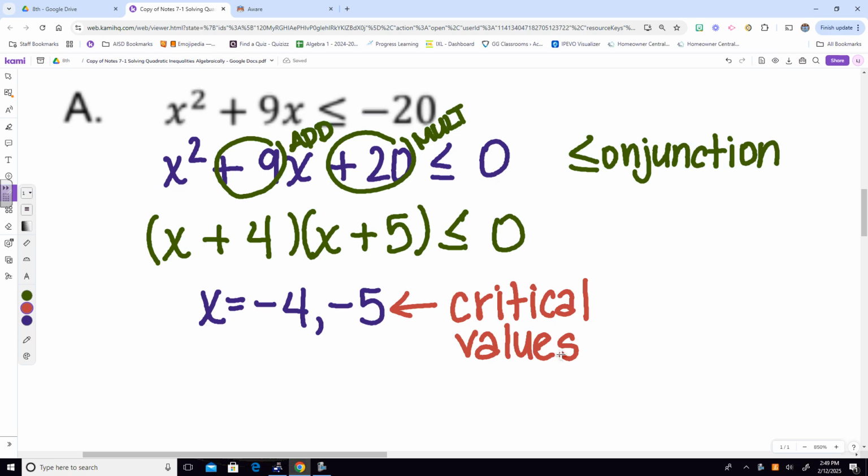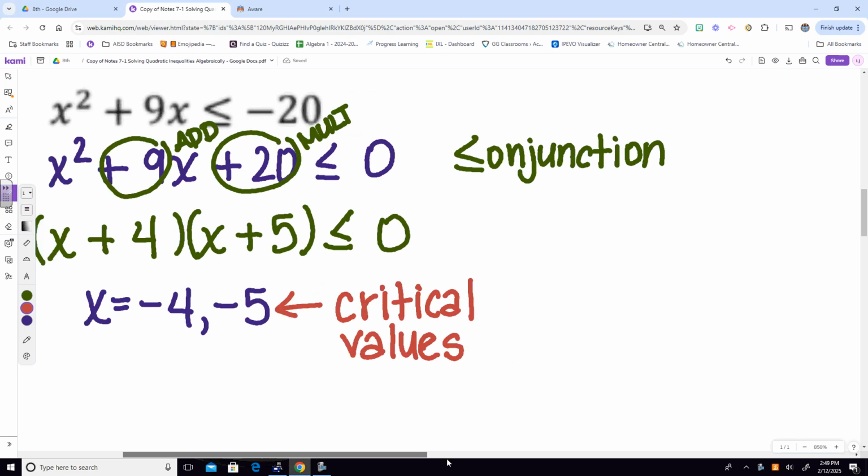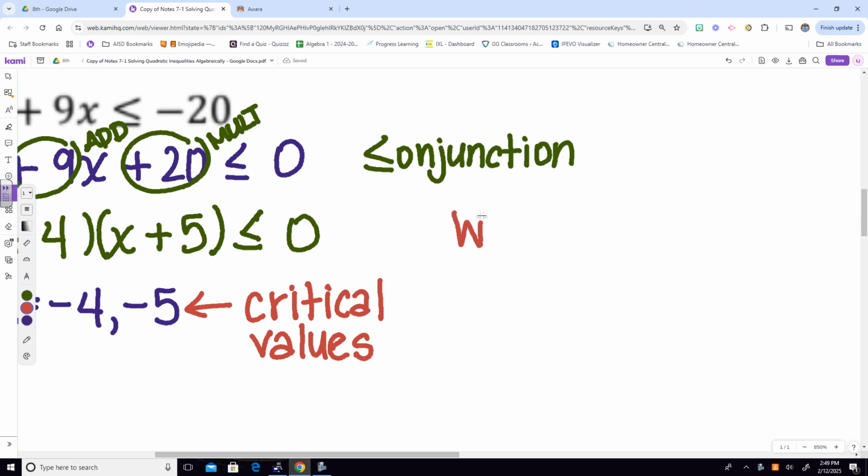Let me explain the why. For those of you who are wondering why is it a conjunction? Well, here's why. Okay? You don't have to write this down unless you want to. But here's the why. If I graph this quadratic function, it's going to cross the x-axis at my critical values, -4 and -5.